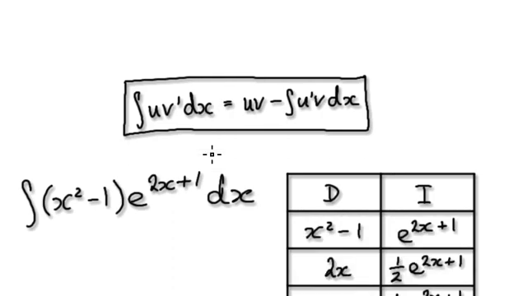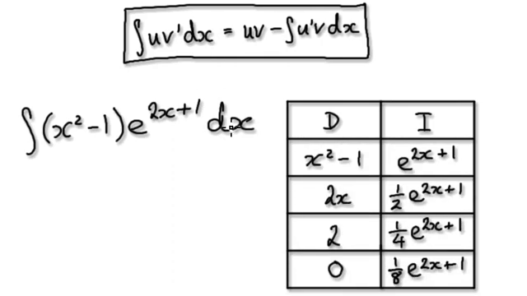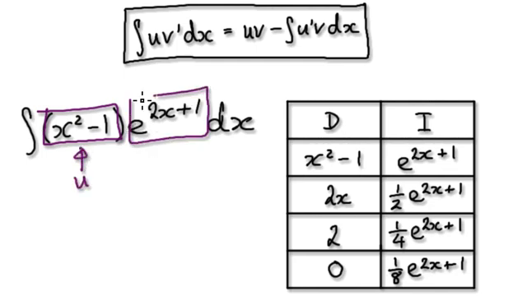Well, anyway, to do this, set this to be your u, and then set this to be your v prime. So now put this into here, because if you look at this, you will need to differentiate the u each time.